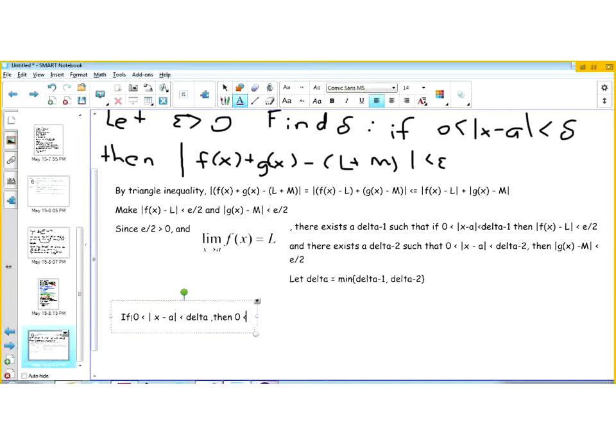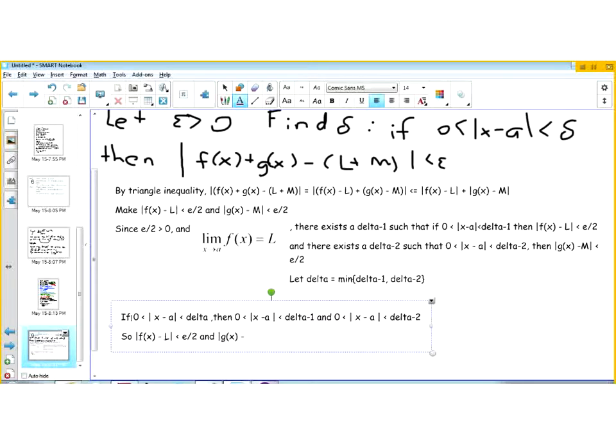If we're within a distance delta of a, then we're obviously within a distance delta 1 of a, and obviously within a distance delta 2 of a.